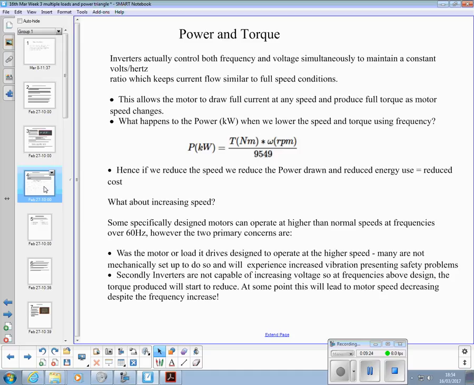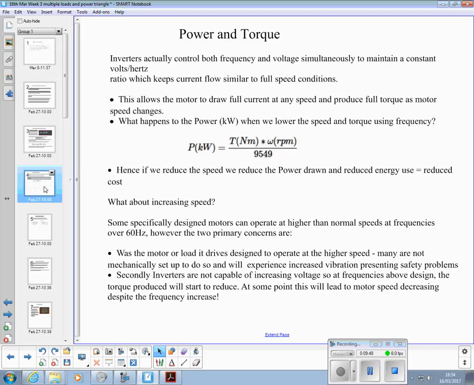However, there's 2 primary concerns in running over speed. One, was the motor or load it drives designed to operate at higher than normal speeds, i.e. frequencies over 60 Hertz. So is the mechanics of the machinery you're driving with that motor, the pump or whatever, able to take the higher speed?